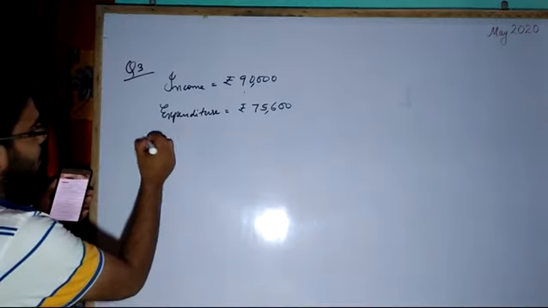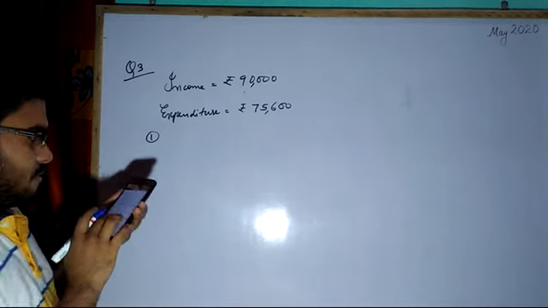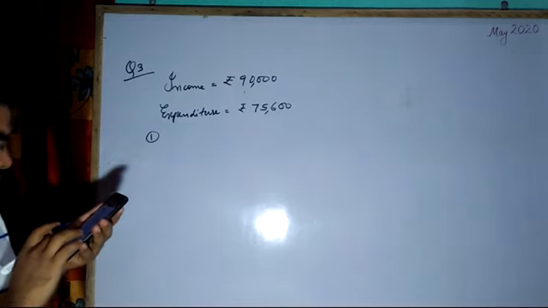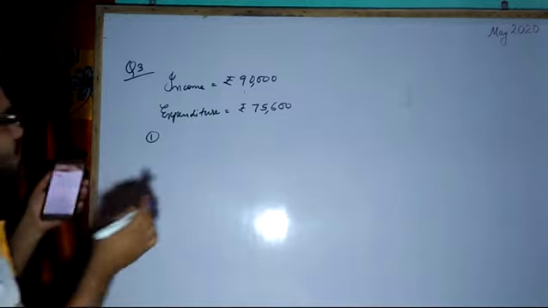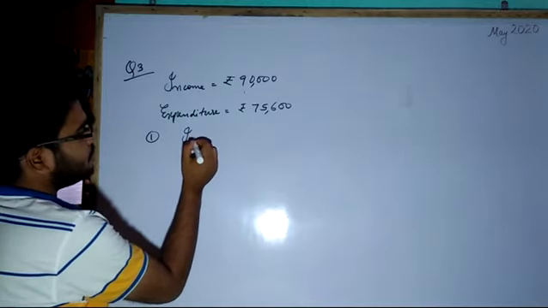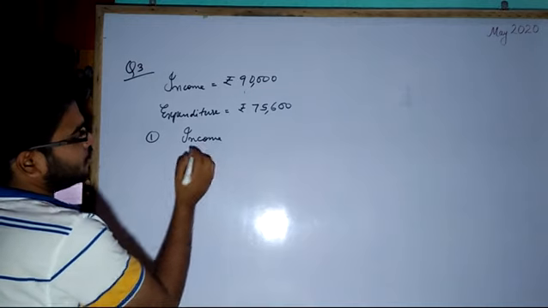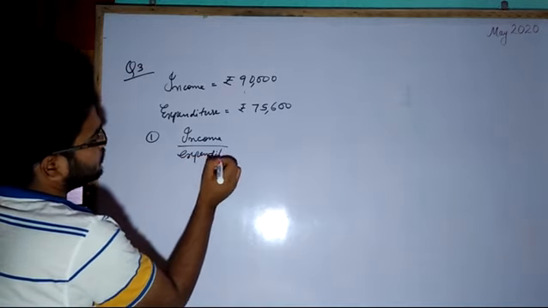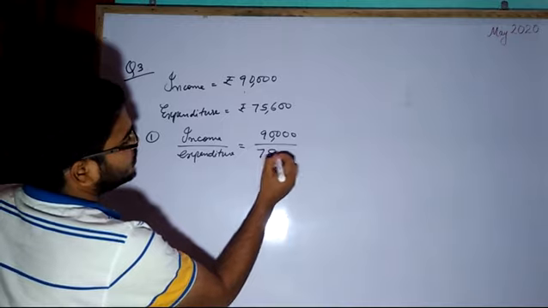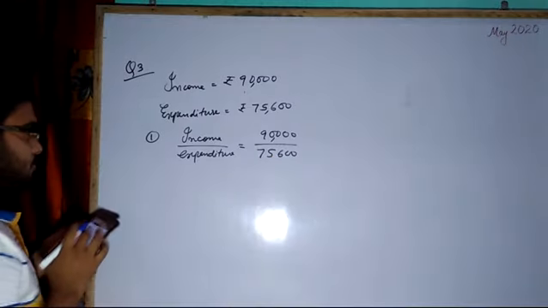Now, the very first part they are asking is to find the ratio of his income to his expenditure. Ratio of income to expenditure will be equal to 90,000 upon 75,600.